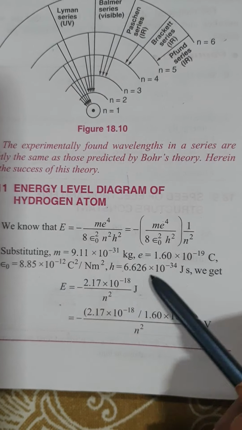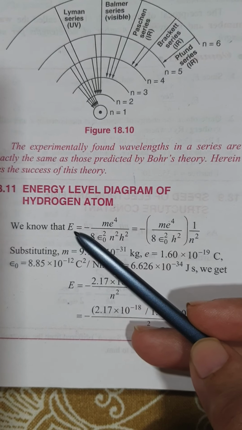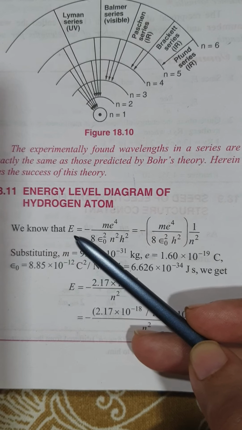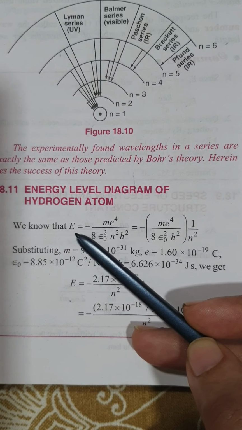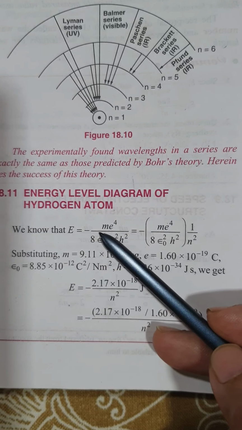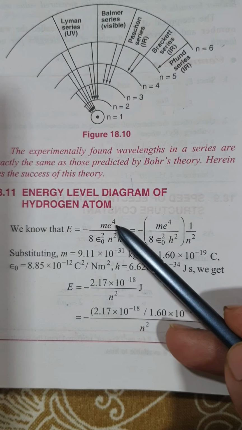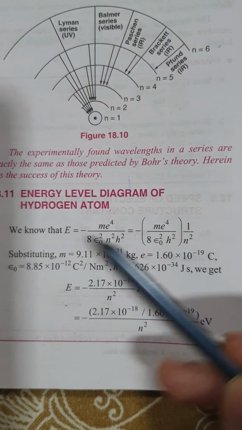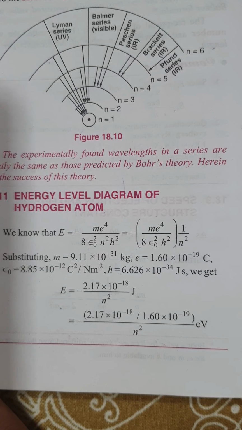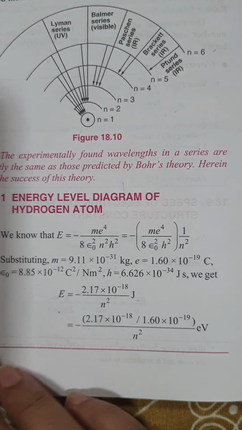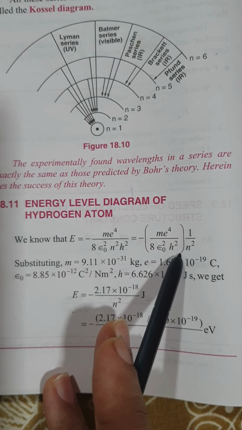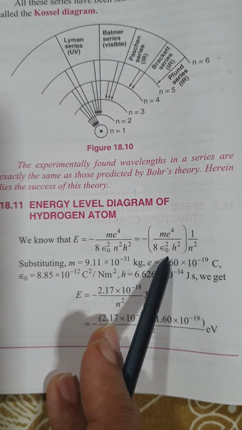We had already learned the formula for the energy of an electron in a hydrogen atom: E is minus m e raised to 4 upon 8 epsilon naught square n square h square. We have already studied this formula, and we had proved that the energy is inversely proportional to 1 upon n square.